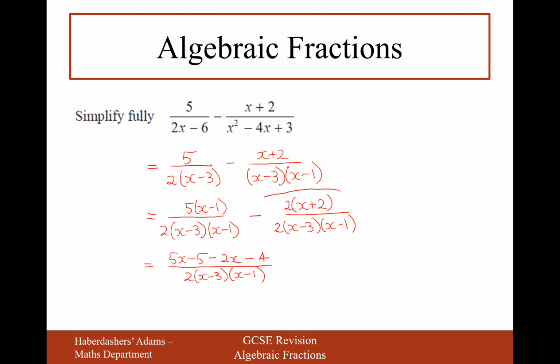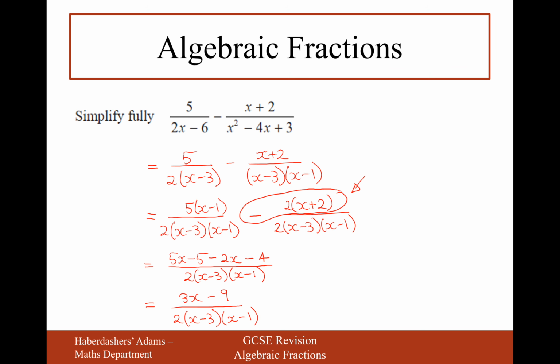All of this bit here, we're taking it away. Taking all of it away. Okay, so now we can simplify. 5x minus 2x is 3x. Minus 5 minus 4 is minus 9. And on the denominator it would be 2, x minus 3, x minus 1.